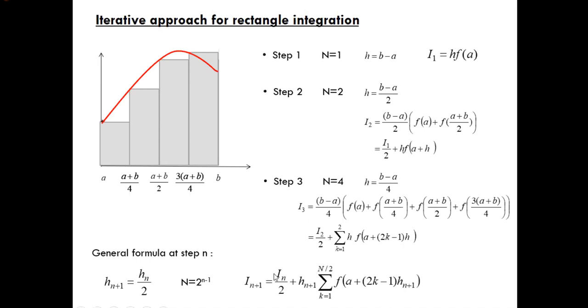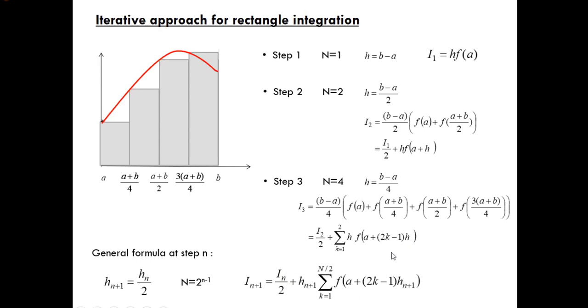At a given step, I have these ones, this and this, and I don't have these quantities. This is the previous integral divided by 2. These ones I don't have, so I need to calculate the sum. So I don't recalculate all the sum when I increase the number by 2.